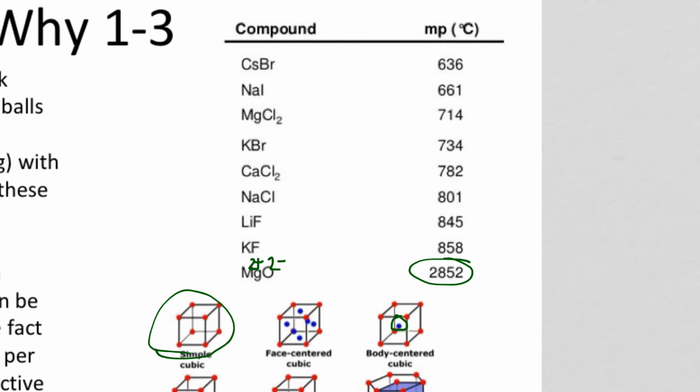So that plays a different role in its attractive forces. So we could see that this one up here at 636 has a weaker bond than something down here at 845. So this would be stronger.